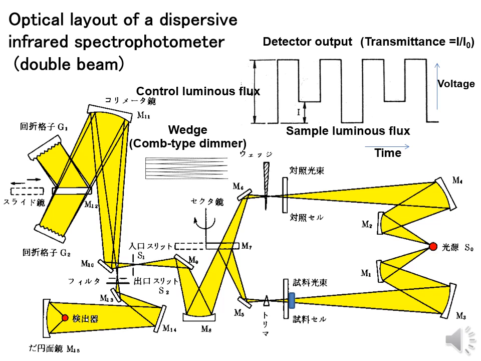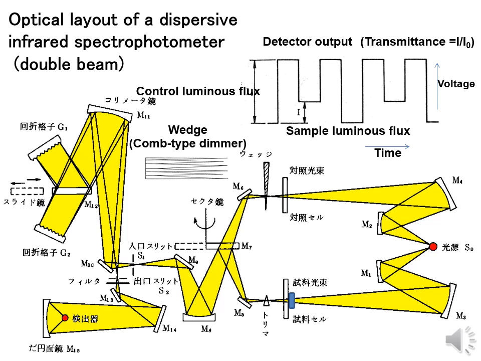An example of the optical system of a dispersive infrared spectrophotometer is shown below. Normally, the dispersive spectrophotometer is of double beam type, and the light emitted from the light source is divided into two. A sample is not placed in one of the optical paths, and it is a reference light that directly measures the intensity of light from the light source.